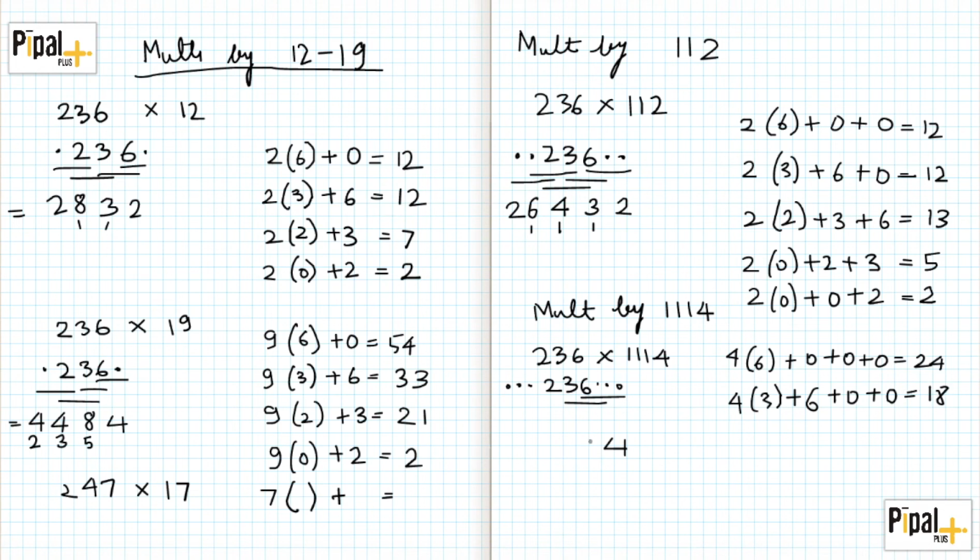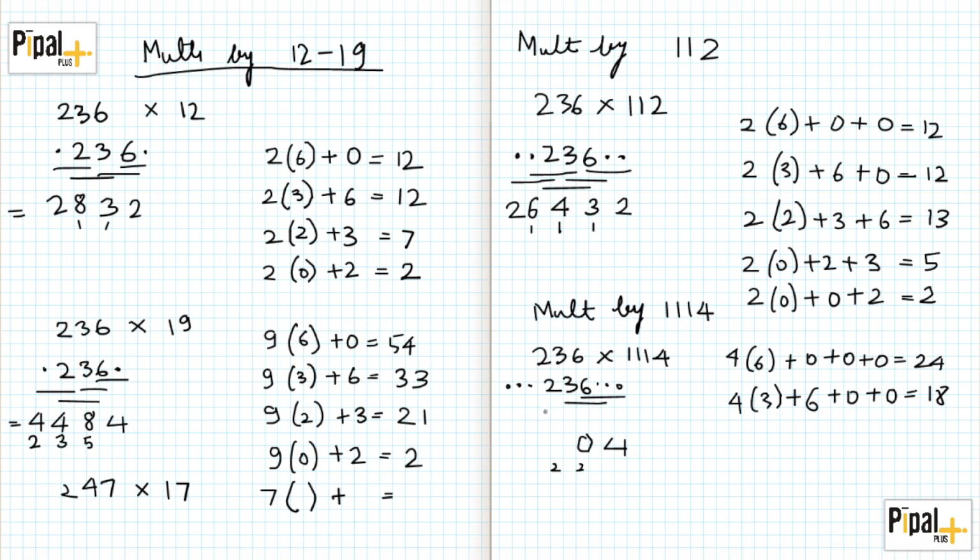There was a carryover. This 24, I wrote 4 here. There is a 2 that needs to be carried over. Now 3, 6, 0, 0: 4 times 3 plus 6 plus 0 plus 0 gives me 12 plus 6, 18. I bring 18 here. There's already 2 waiting, so it becomes 20. I write a 0 and carry 2 over.